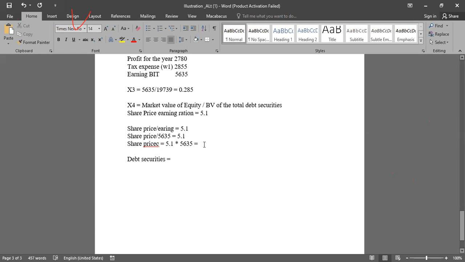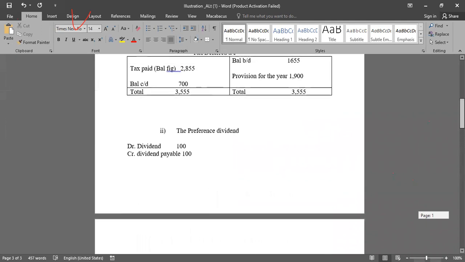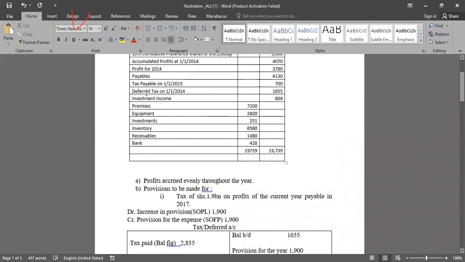Is someone getting anything here? I think I forgot something under profit. I saw somewhere something to do with investment, in the balance sheet. All this income here, investment income. We need to adjust our profit. Investment income must be part of the profit. That's why it's here as a credit. Sorry about that.